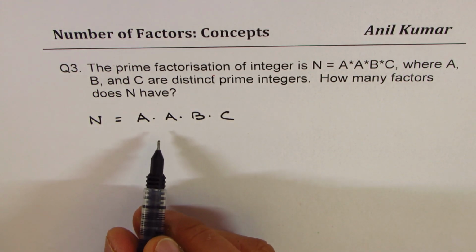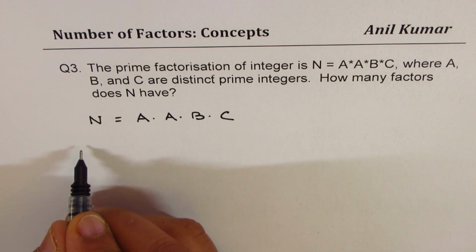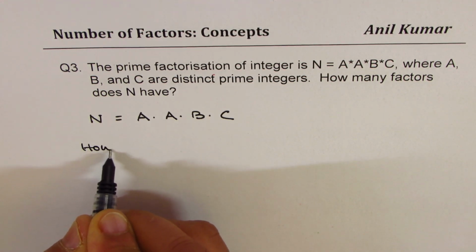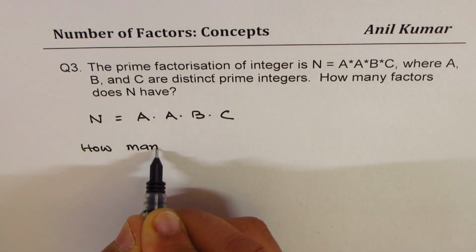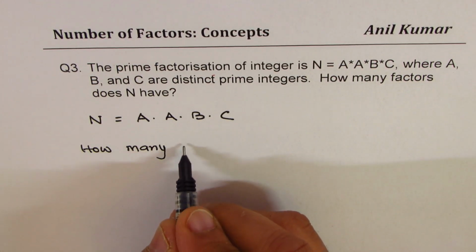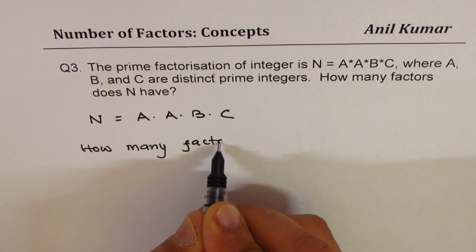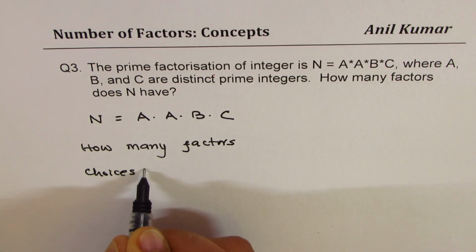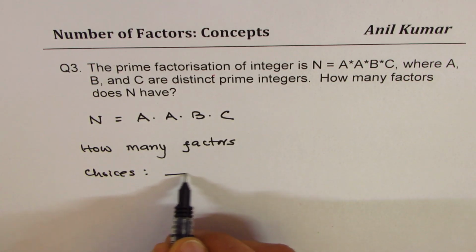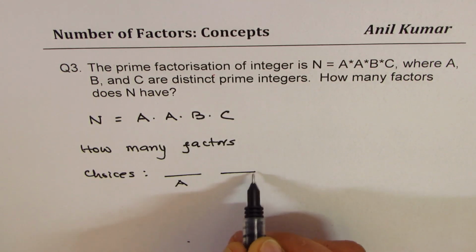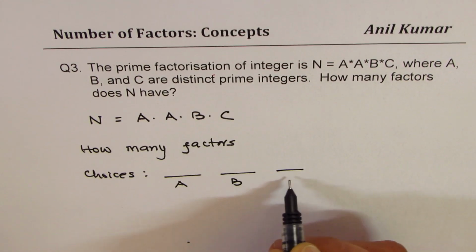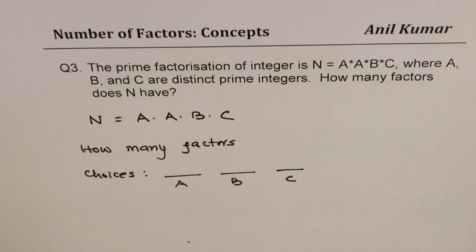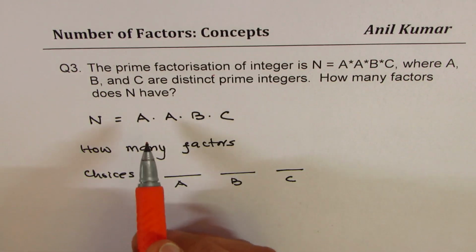So basically, now we need to find how many factors. How will you find how many factors? I hope many of you must have got it, right? So we have to look for choices, correct? So what choices do you have for A's? Choices for A's, choices for B's, and choices for C. So for A, we have 2 A's.